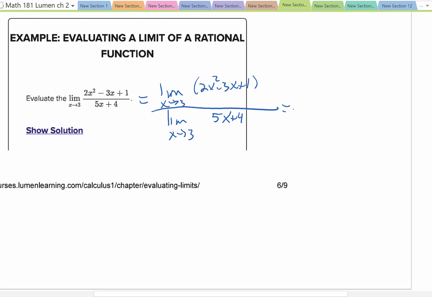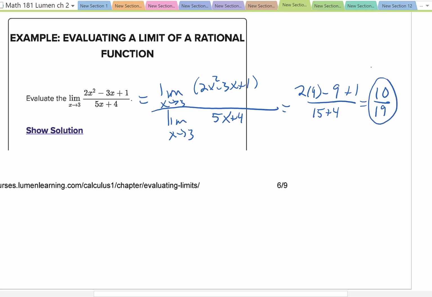Plug the 3 in. We're going to have 2 times 9 minus 3 times 3 is 9 plus 1, over 5 times 3 is 15 plus 4. So it's 18 minus 9 is 9 plus 1 is 10, over 15 and 4 is 19.